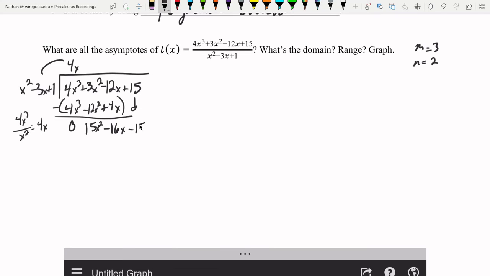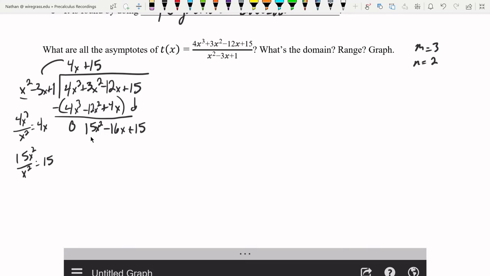Bring in the next term, plus 15. And then redo the division. So 15x squared divided by x squared is just 15. So we get plus 15.